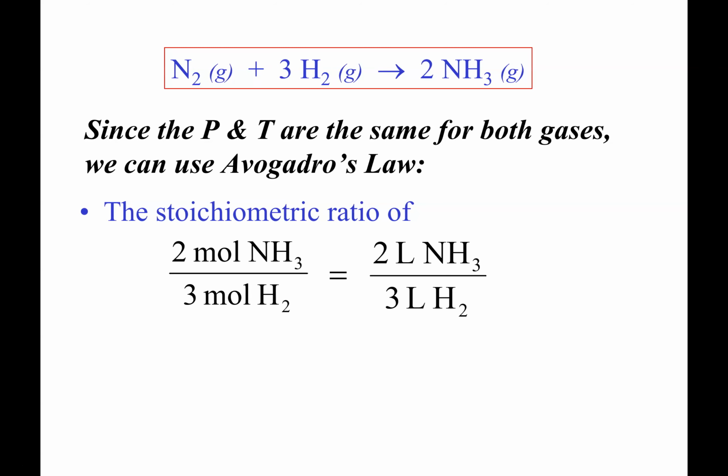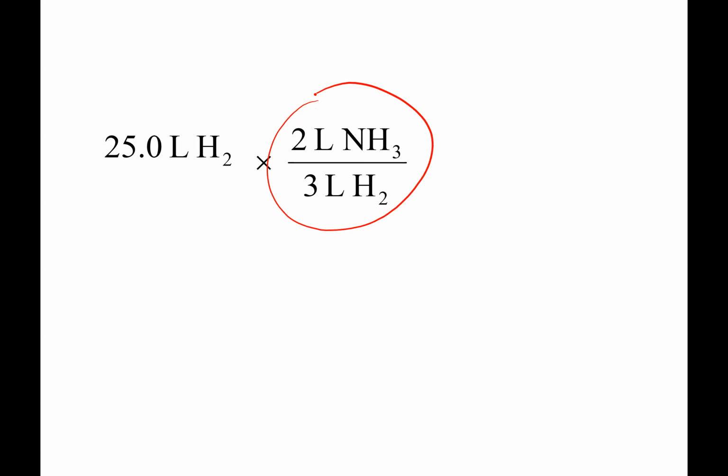So with that in mind, I can go ahead and just use, I was given volume, this is a different problem, but a minute ago I was given the volume of the H2. I can go ahead and just use this ratio right here on the right and plug and chug. So we were given 25.0 liters of H2, and again, I can use that ratio.